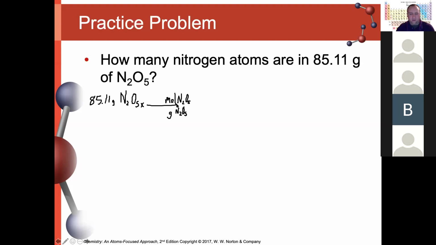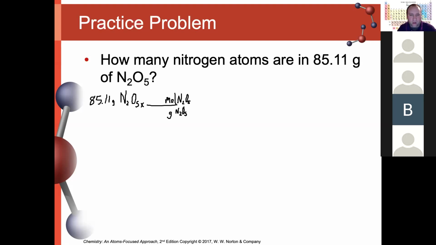Molar mass of dinitrogen pentoxide: mass of nitrogen is 14.01, and there are two of them, so 14.01 times 2, plus oxygen. Oxygen is 16.00 times 5.